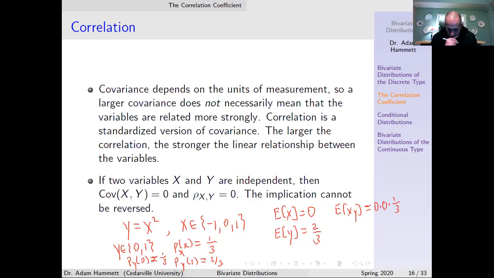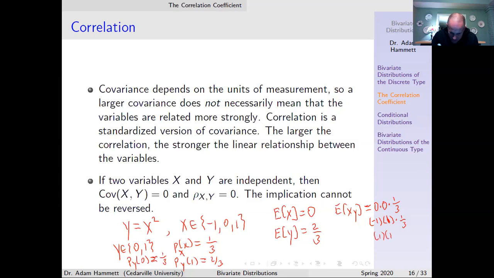And then what else do we have here? What is it if I get -1 times, right? If X is -1, Y is 1, right? So how often does that happen? Well, that happens with probability 1/3. Okay, and what if X is 1?